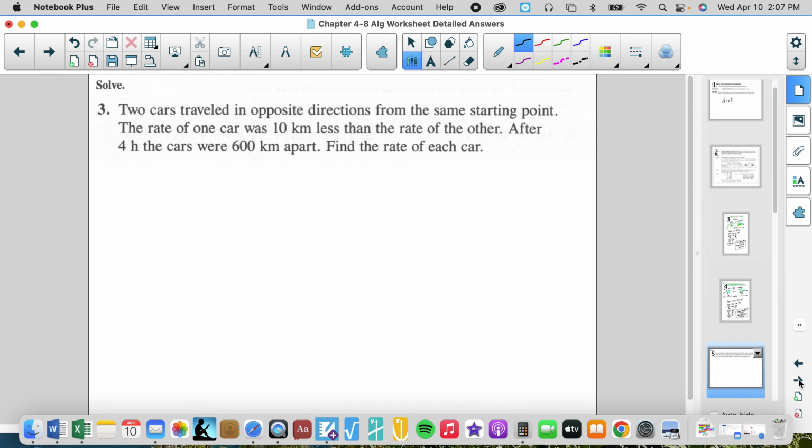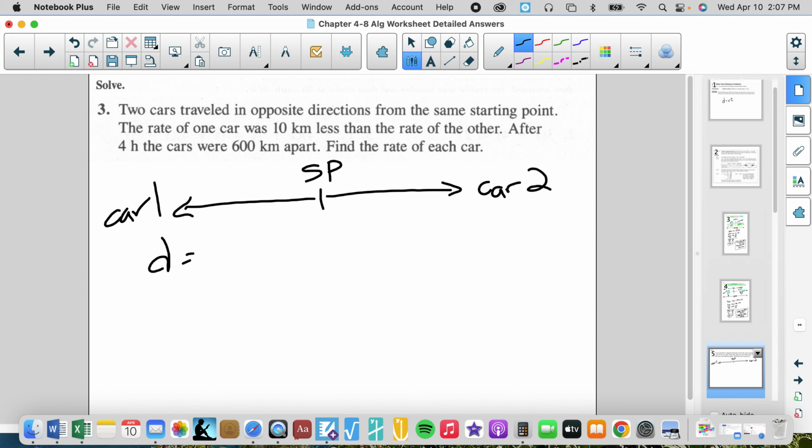Two cars traveled in opposite directions from the same starting point. We've seen that. Here's our starting point. Cars are traveling in opposite directions. The rate of one car was 10 kilometers less than the rate of the other. I don't know which one is which, but we got one car going in this direction. We're going to call this car 1, and we'll call this car 2.